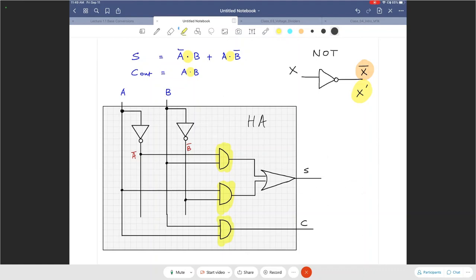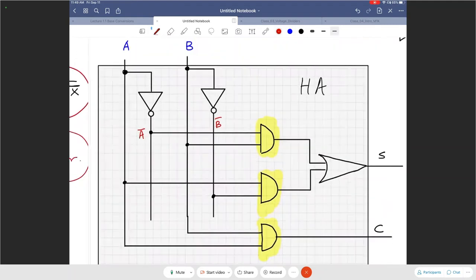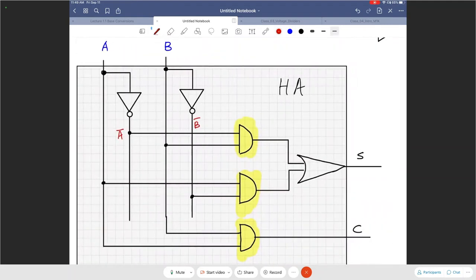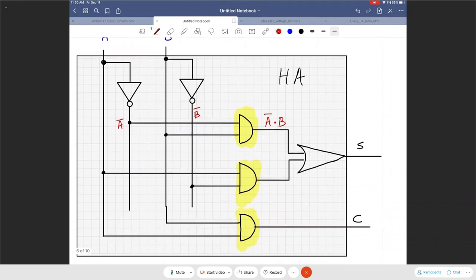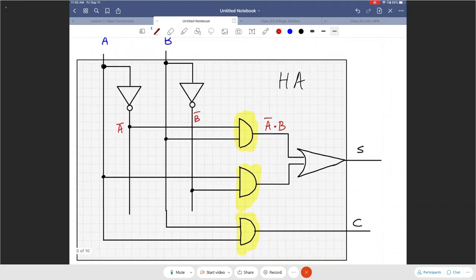So I took A complement and B. So what do I have at the first AND gate? What is the output of the first AND gate? I got A complement there and I got B there. For the second AND gate, what did I have? I have A and then I have B complement. For the last AND gate, what do I have? A and B.